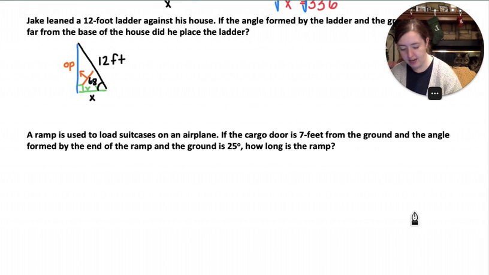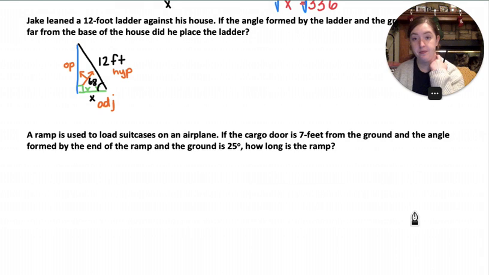Across from my right angle is the hypotenuse. And the side that's left over is the adjacent. I don't have my opposite labeled, so I'm looking at adjacent and hypotenuse. Which trig uses adjacent and hypotenuse? Yeah, cosine.